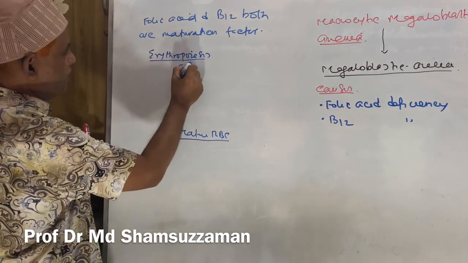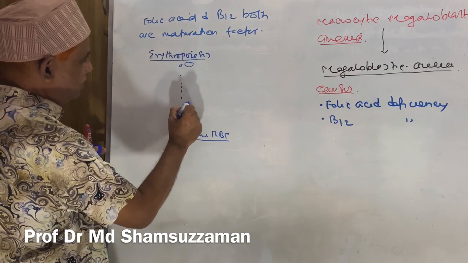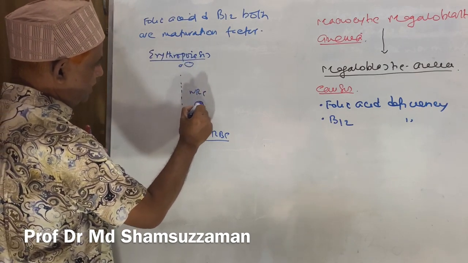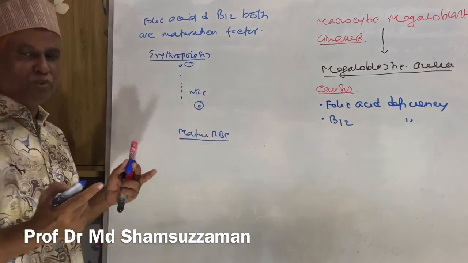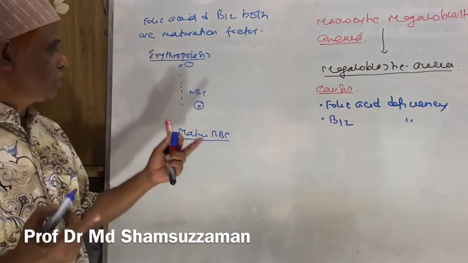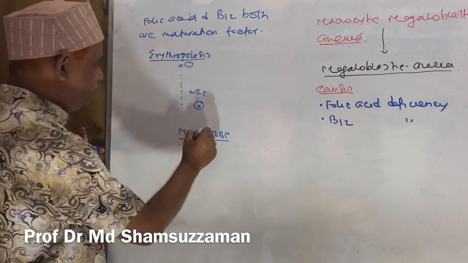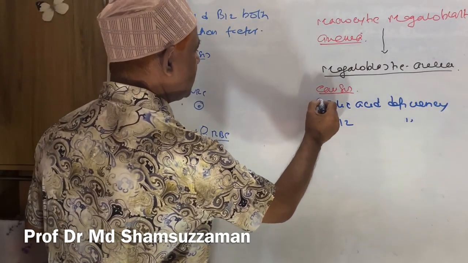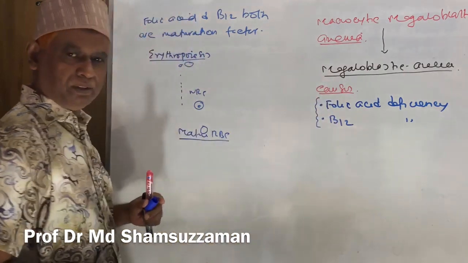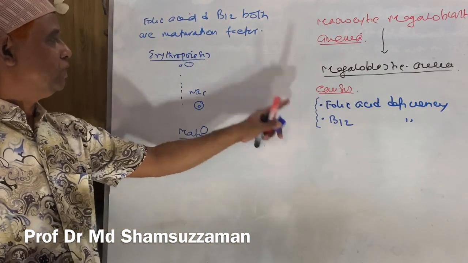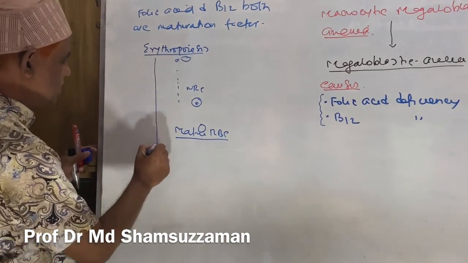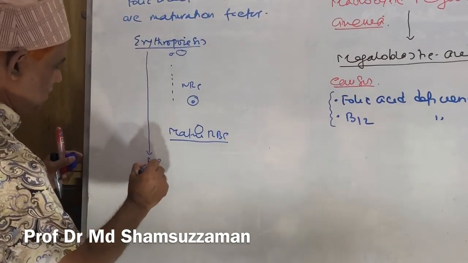From the erythroblast, we get the nucleated red cell, and ultimately maturation of the nucleus, maturation of the cytoplasm, and we get the mature RBC. This maturation is carried out by these maturation factors. If there is deficiency of these maturation factors, what will happen? In erythropoiesis, there will be maturation arrest.